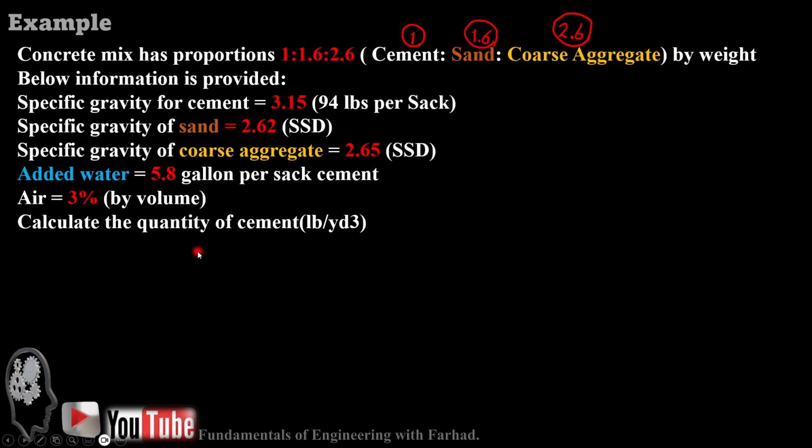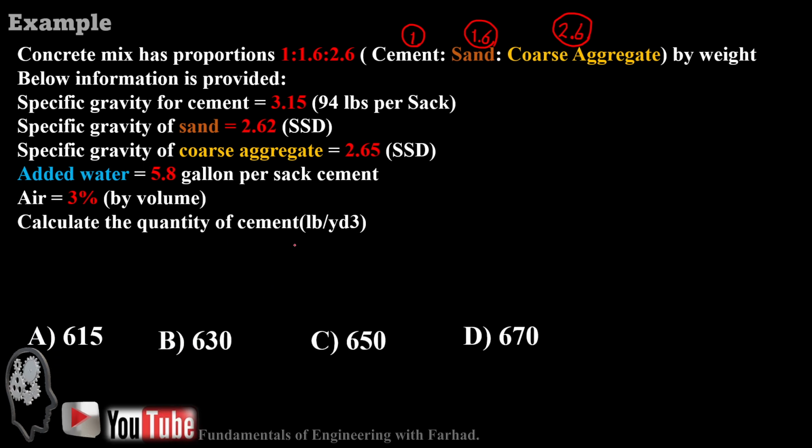We want to calculate the quantity of cement in terms of pounds per cubic yard. So we are looking for the quantity of cement in terms of mass over total volume, based on cubic yard.